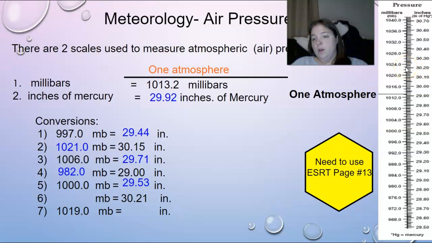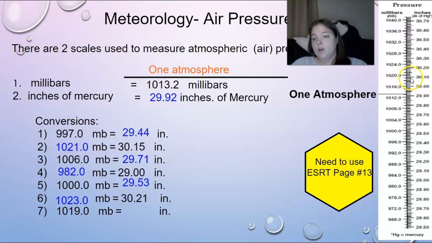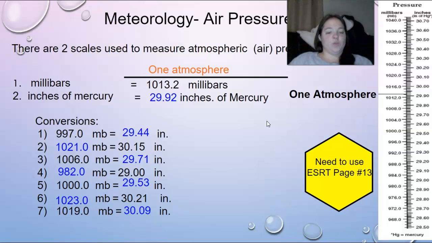Go over here. 1021, 22, 23. 1023. And then last but not least, 1019. 1019 right here, across here. 30.09. Yes, 30.09. Yep, had my zeros wrong on that.